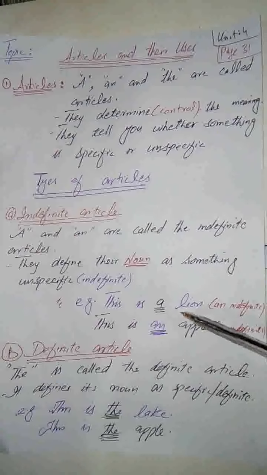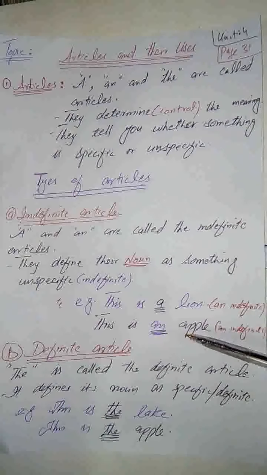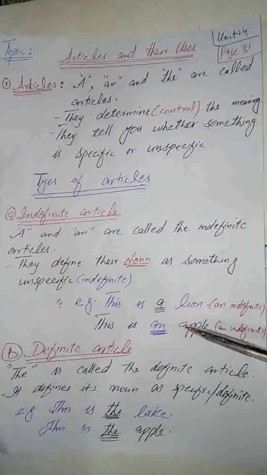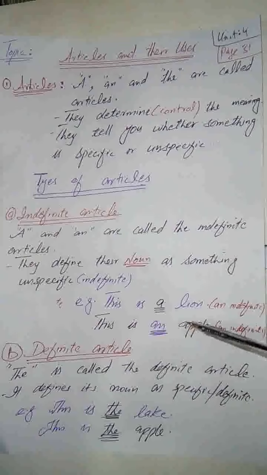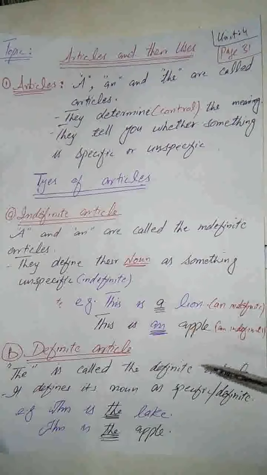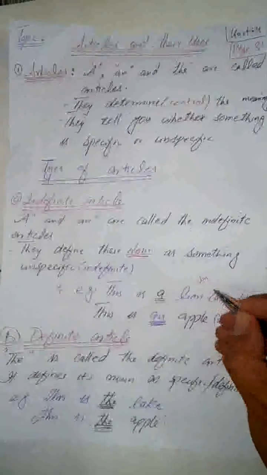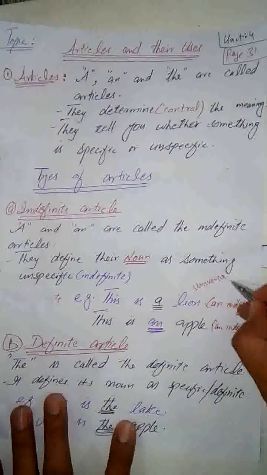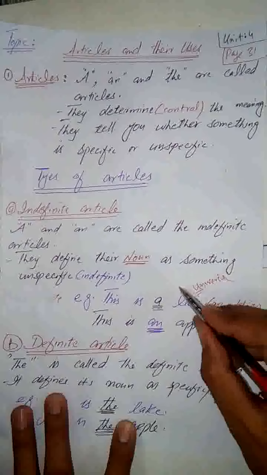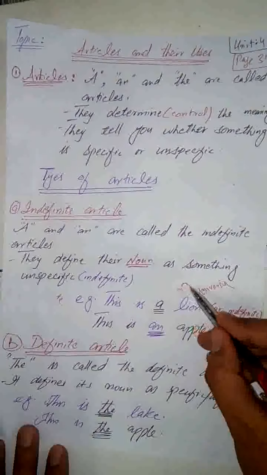Some people say it depends on consonant letters and vowel letters, but that is wrong and misleading, because we have many words in English that start with a vowel letter but sound like a consonant, and so we do not put an. Take the example of university. You do not say an university, you say a university.